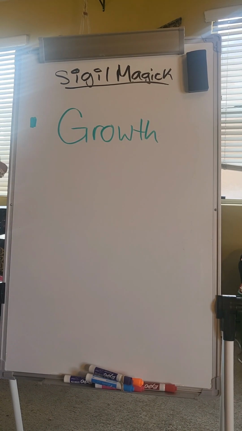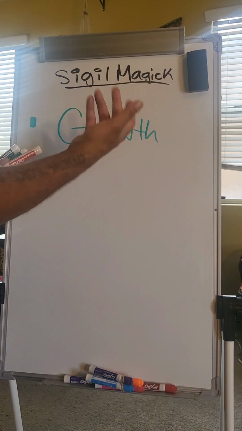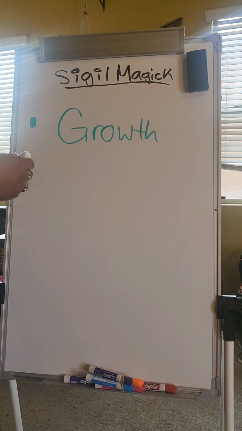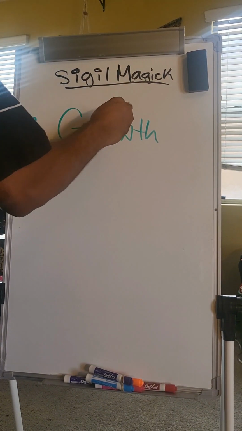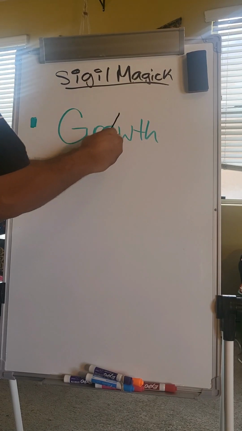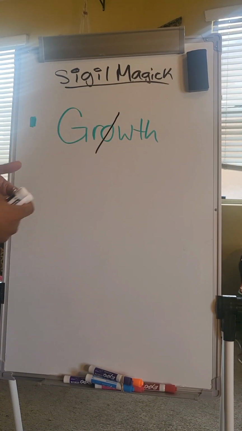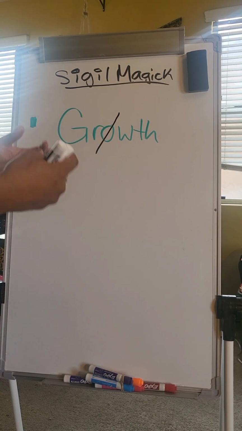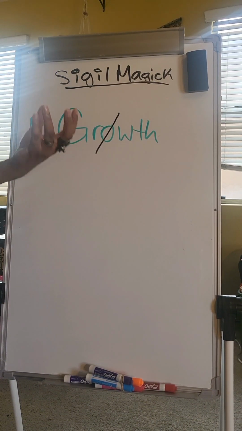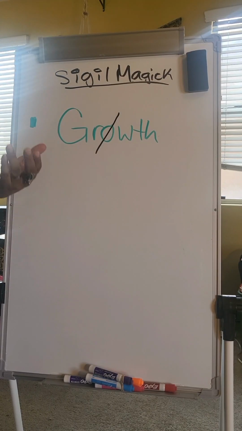So we're using the word growth, and I'm thinking of some sort of plants or whatever, right? And I want to cross out my vowels or whatever, okay? The vowels are letters within vocabulary that don't have a friction to the tone or to the vibration when you're speaking.